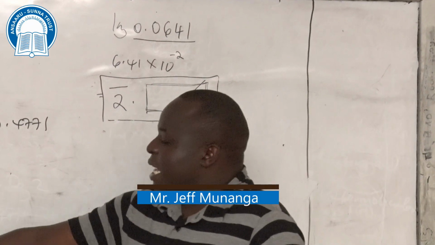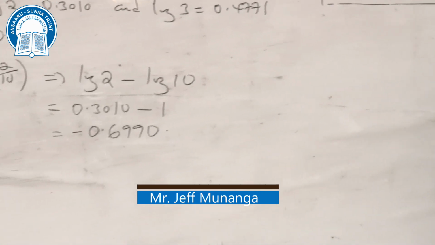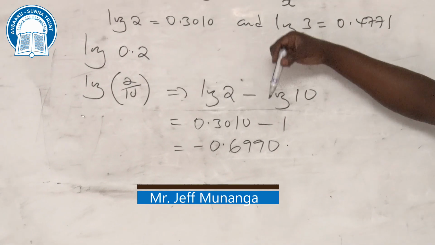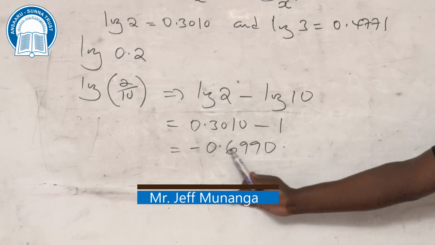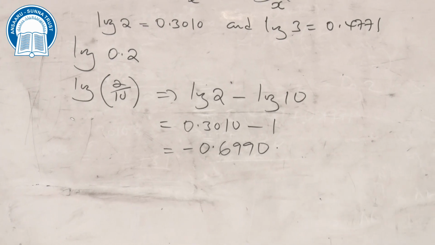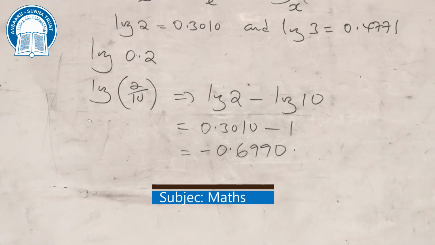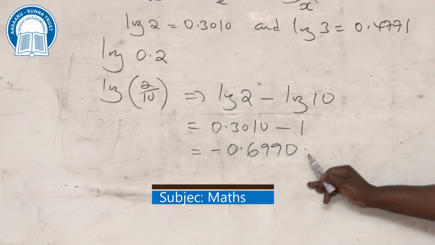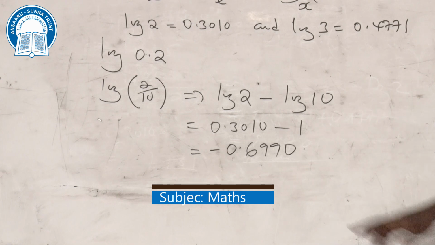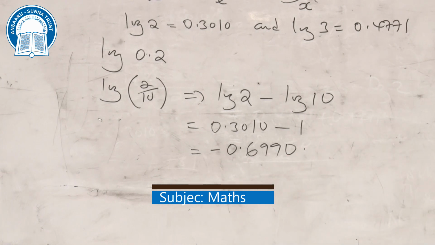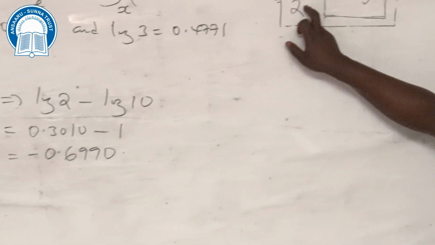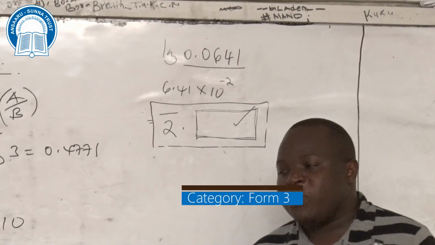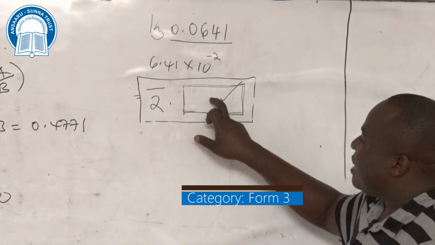Looking at the way I've written this answer here, it was logs, then it's minus, then a value that way. So according to my answer, the characteristic is negative and the mantissa is also negative. So this statement is wrong, because according to logs, only the characteristic can be either positive or negative, but the mantissa can never be.